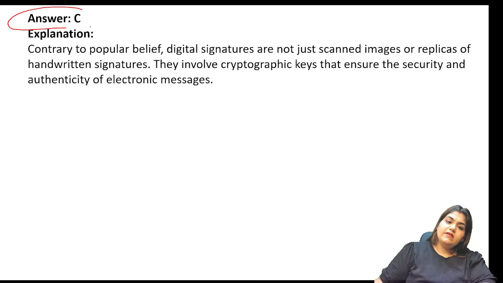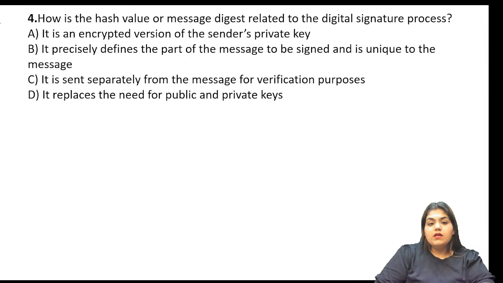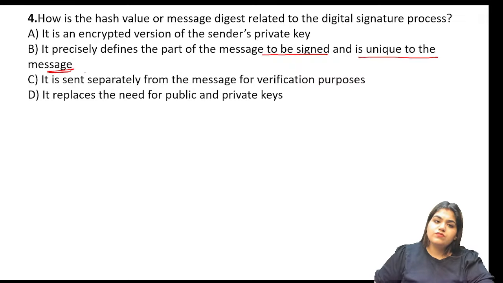C is correct. Next, use of hash value or message digest related to the digital signature process. How the hash value helps. It precisely defines the part of the message to be signed and is unique for a message.